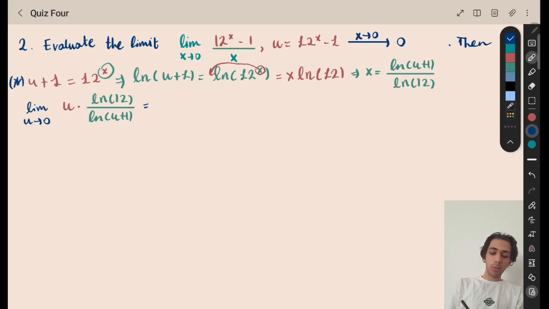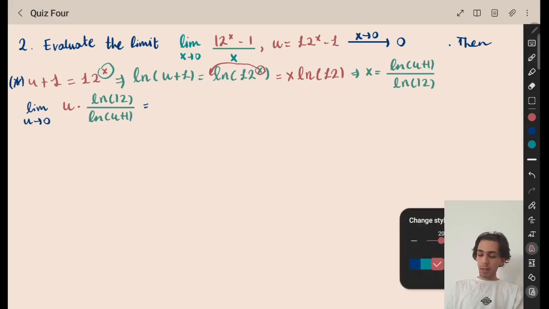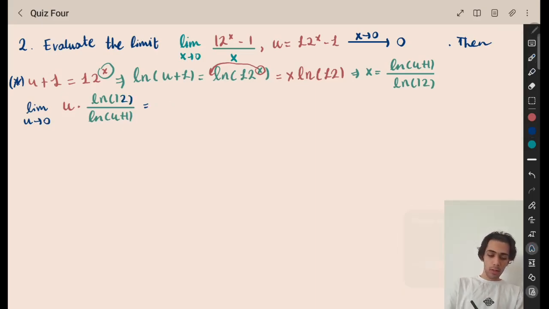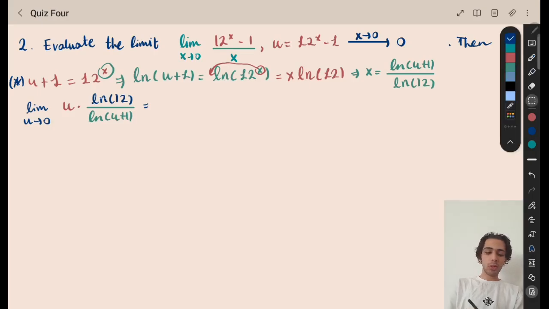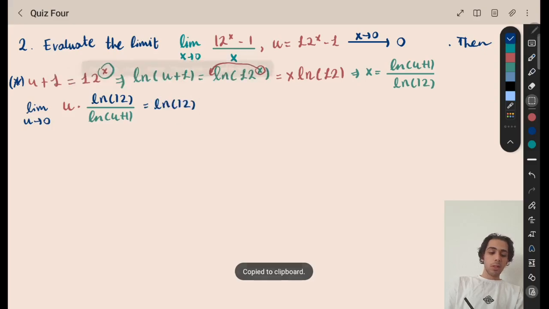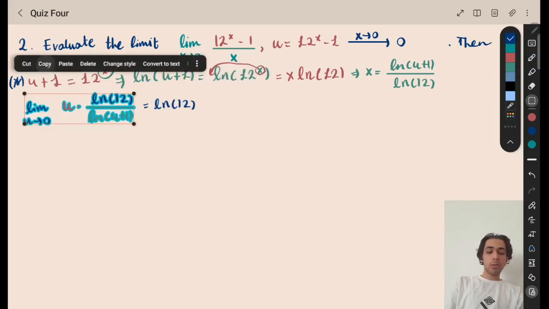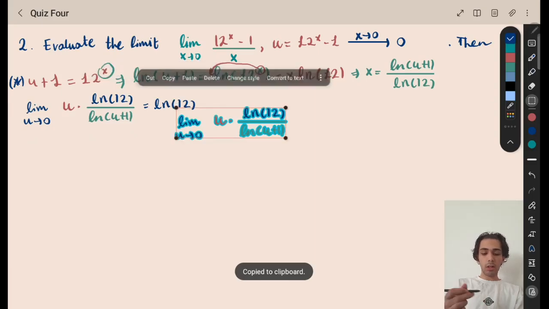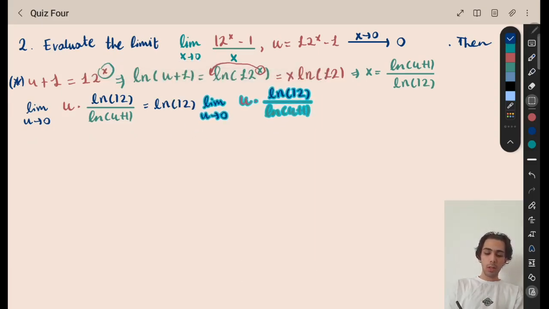Next, I hope you do not mind if I bring this ln of 12 outside the limit. The reason I do this is because it's just a constant.